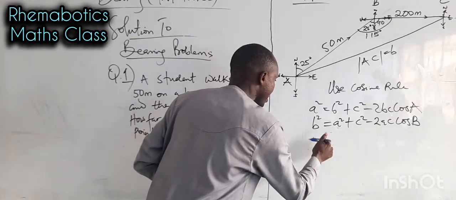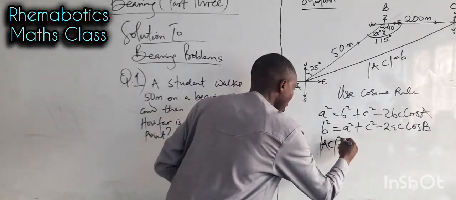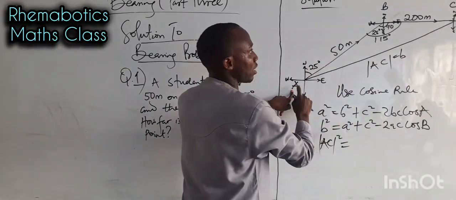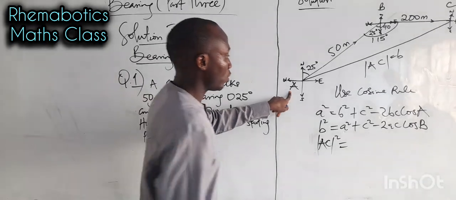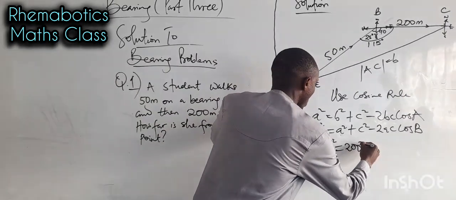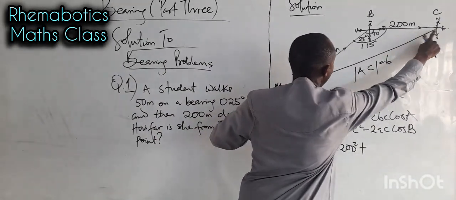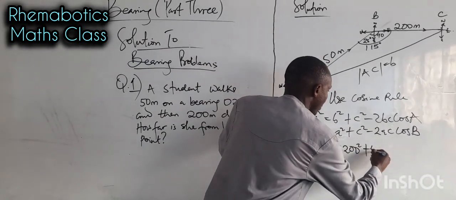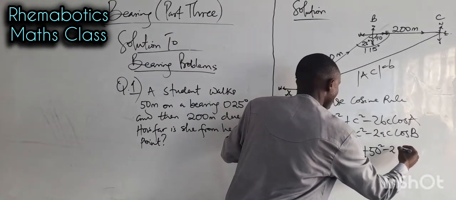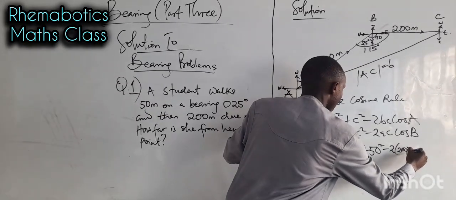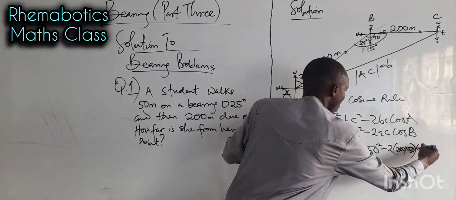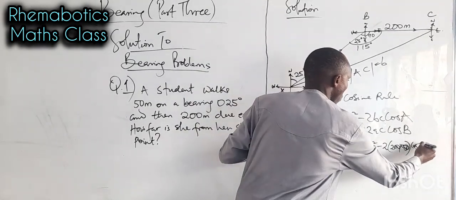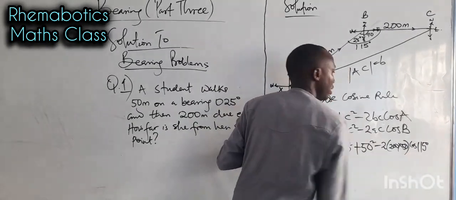So b squared, which is AC squared, will be equal to what is a? That's the side directly opposite capital letter A, which is 200 squared, plus c squared, the side opposite capital letter C, which is 50 squared, minus 2 bracket 200 times 50 times cos B. What's the angle? 115 degrees.